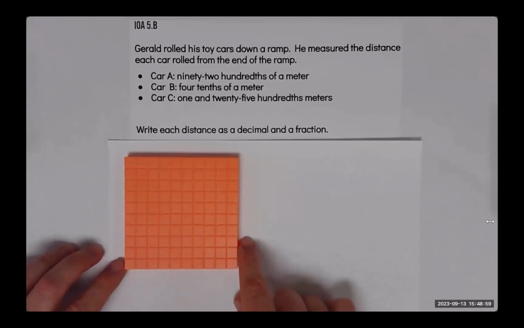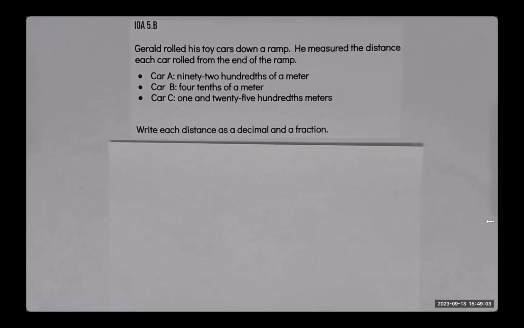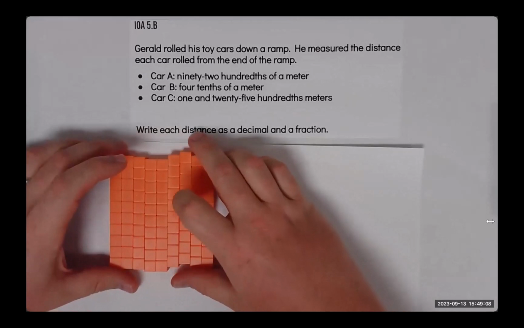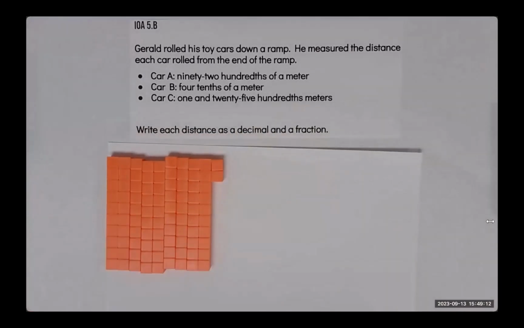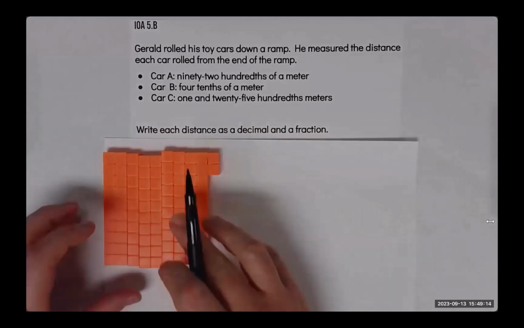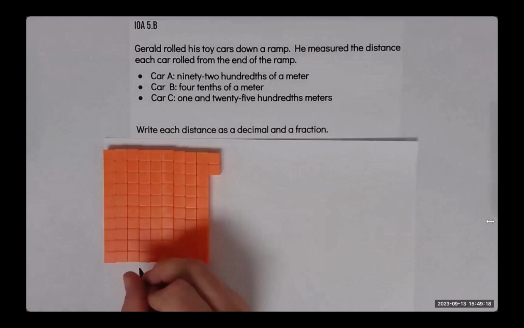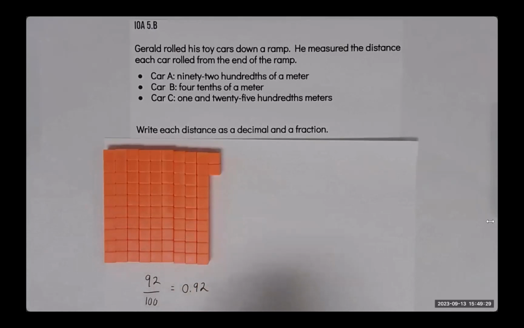I can represent 92 hundredths as 9 tenths and 2 hundredths. That would be 92 hundredths. I can write this as a fraction by saying 92 hundredths. I can write this as a decimal as 92 hundredths. And that is for car A.